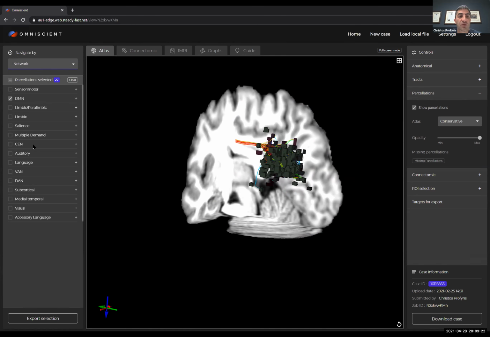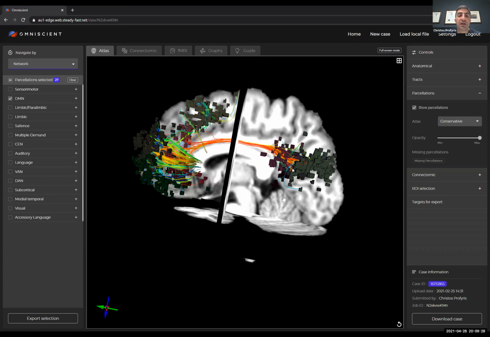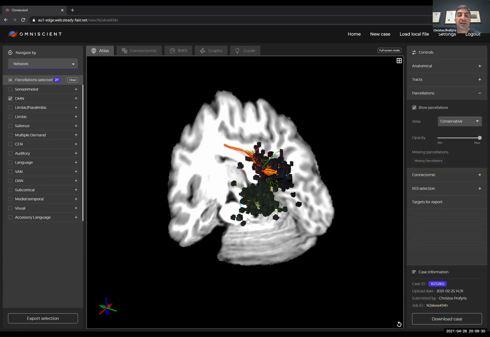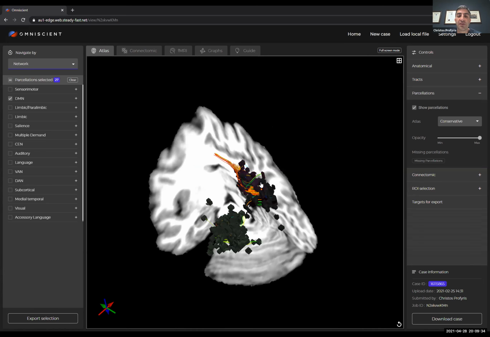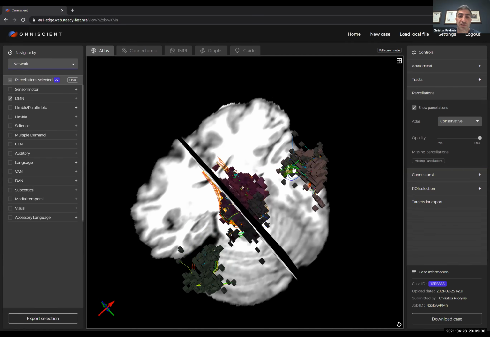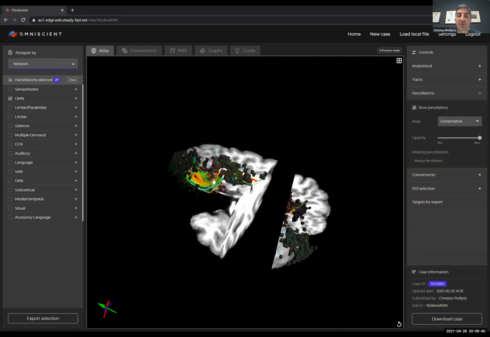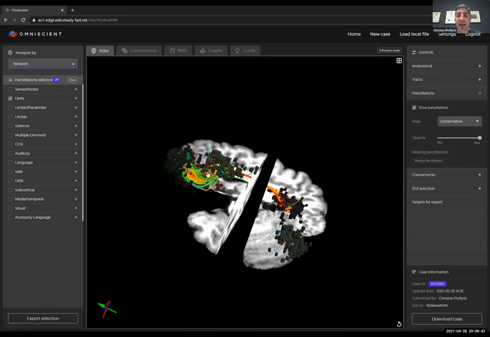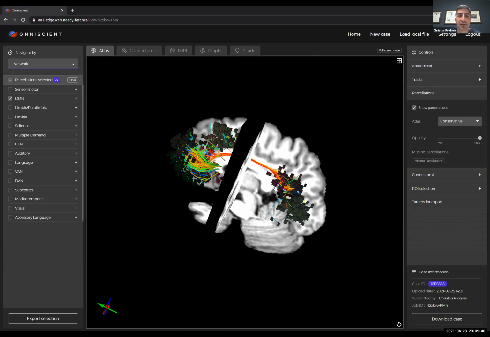Then on the panel, we've got different types of networks that we want to select in our patient. So what I'm selecting now is the default mode network. And what you can see here is a cingulate gyrus around that corpus callosum, the interparietal sulci, which make that network, and then those medial frontal lobes with the cingulate areas. And we can see the tracts, that cingulate bundle, which is connecting everything.